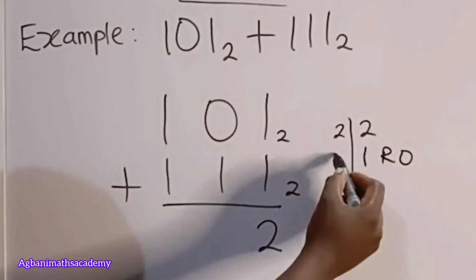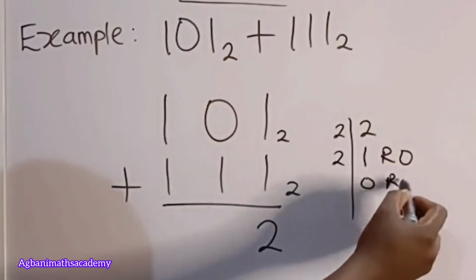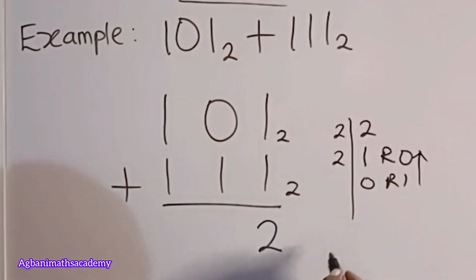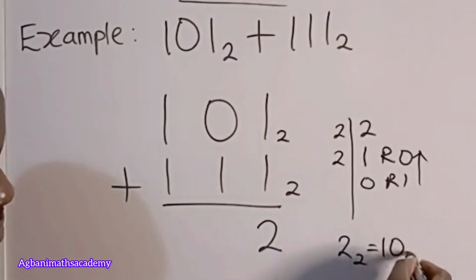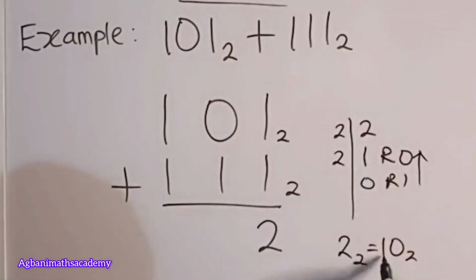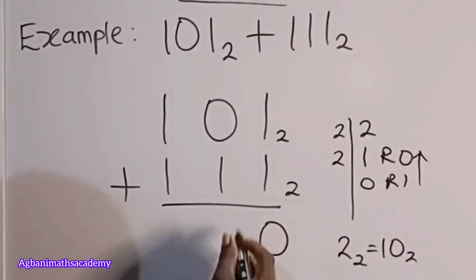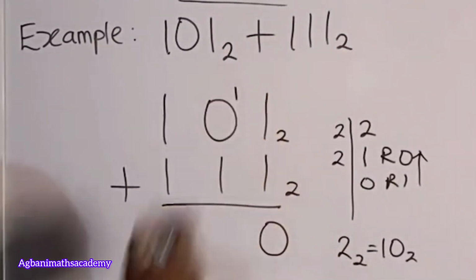We divide this 1 by 2, it gives you 0, remainder 1. So that means 2 base 2 is the same thing as 10 base 2. Instead of having 2 here, we are going to replace it with 0, and then we bring this 1 on top.